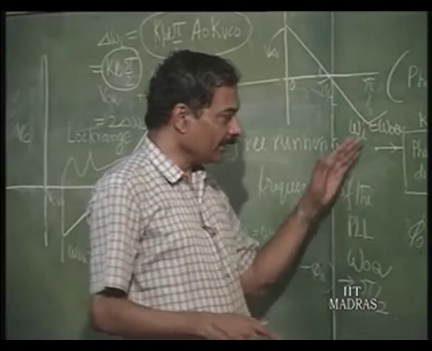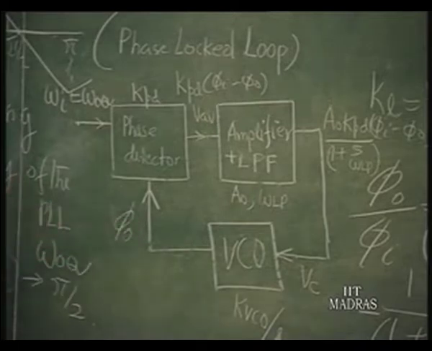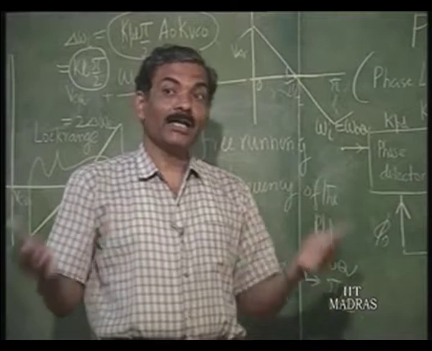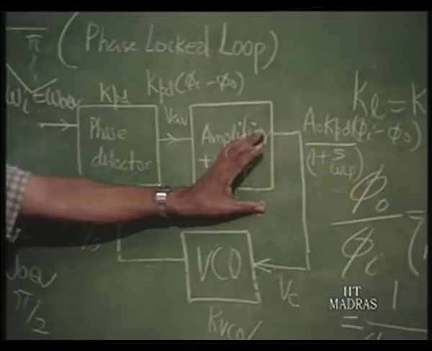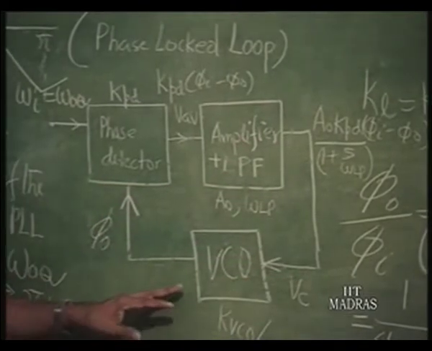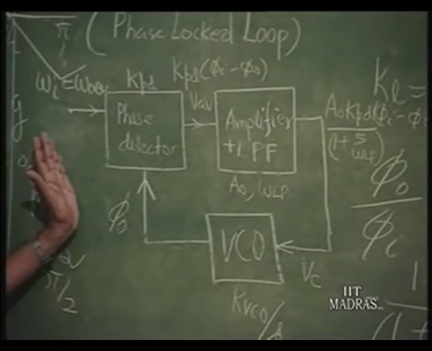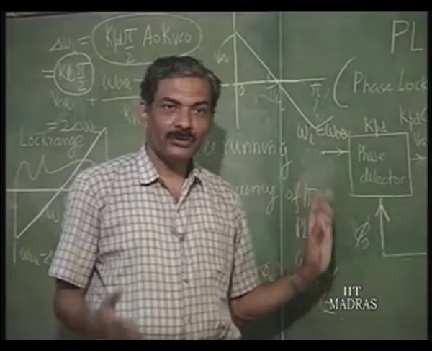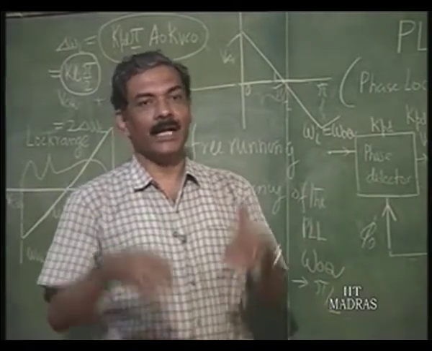Both are high frequencies, which will be rejected by the low pass filter. Nothing happens here. He will continue to do whatever he was doing earlier, as though nothing has happened at the input. So, capture has not taken place. His attention has not been drawn.